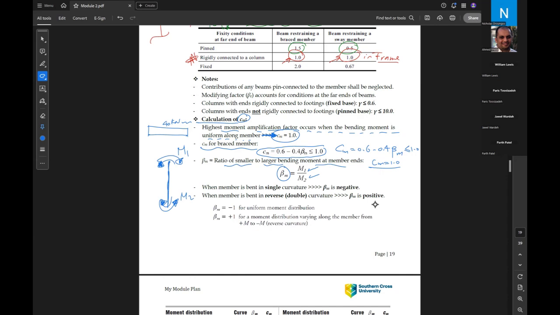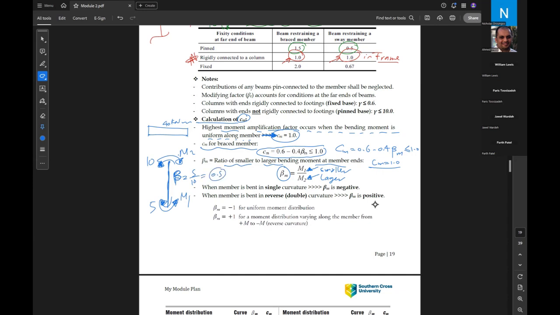So M1 is the smaller bending moment, M2 is the larger. For example, if we have 10 and 5, which one is M1 and which one is M2? The top one will be M2, the bottom one will be M1, and beta M will be 5/10 equal to 0.5.